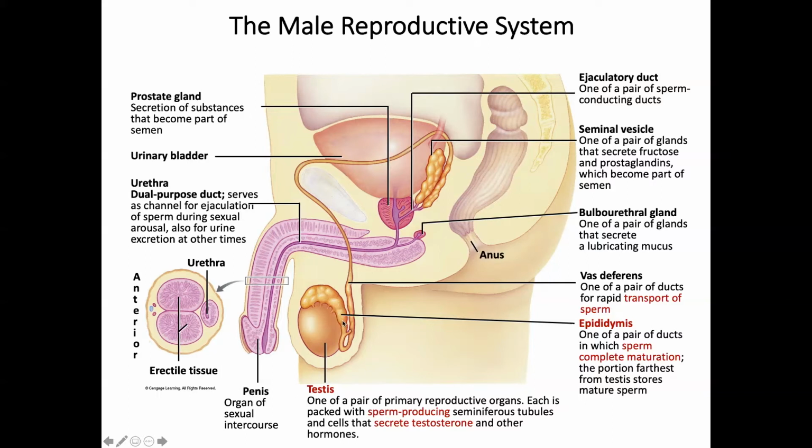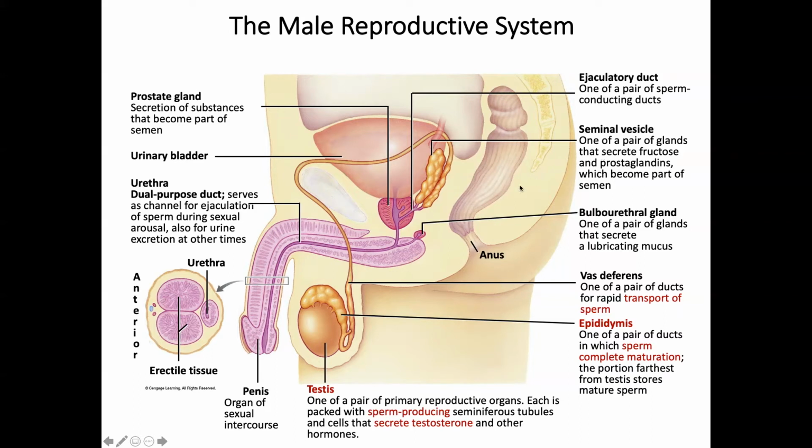Okay, the structure connecting to the epididymis here is called the vas deferens. This is a duct that transports sperm from the epididymis to the ejaculatory ducts in anticipation of ejaculation. All right, then the accessory glands, such as the seminal vesicle here, secrete fructose and also prostaglandins that become part of the semen.